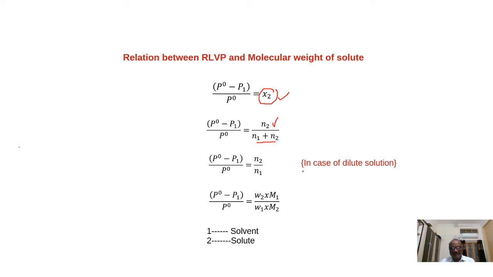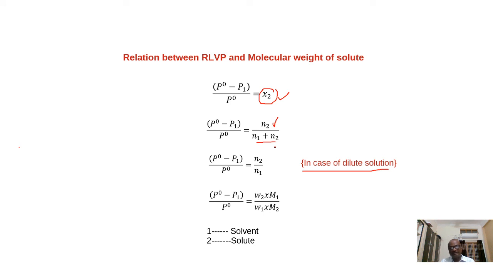But in the case of very dilute solutions, what is the meaning of dilute solution? The amount of solvent will be more and the amount of solute will be less. Compared to the number of moles of solvent, the number of moles of solute will be very small. That we can observe in the case of dilute solution.